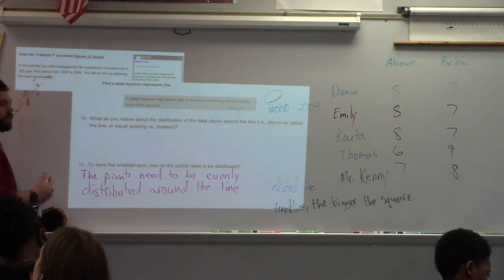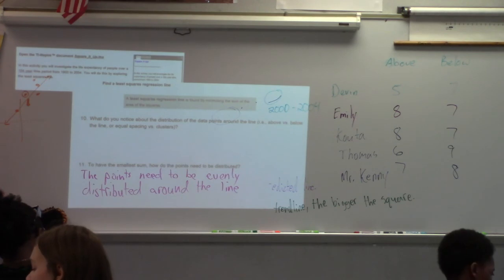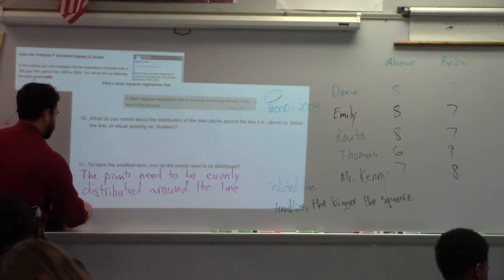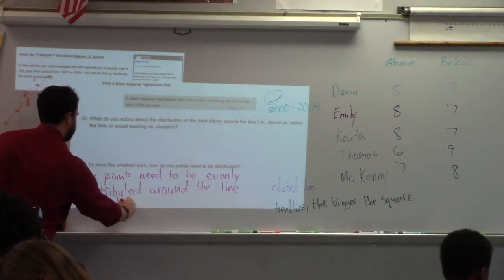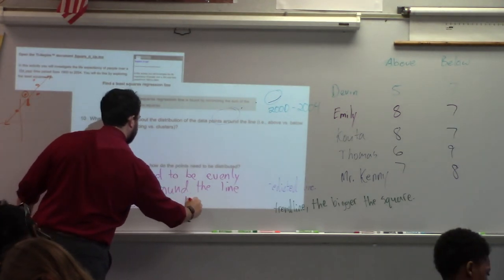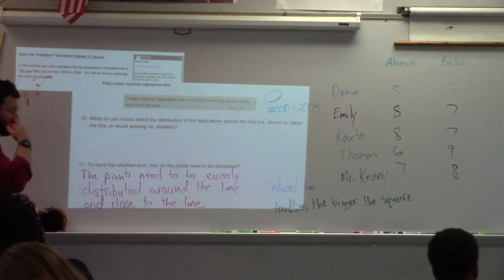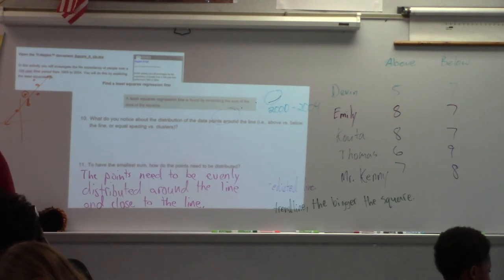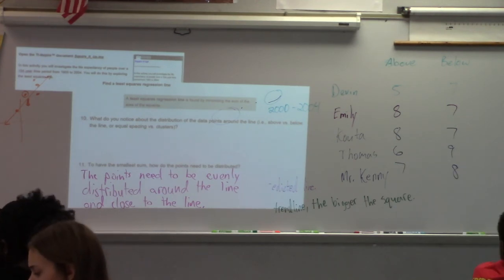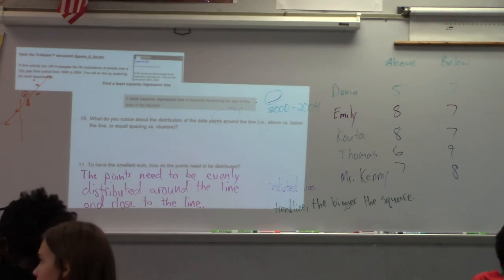They need to be evenly distributed around the line, and they also need to be close to the line. To have the least squares regression line, your points need to be evenly distributed about the line and close to the line.